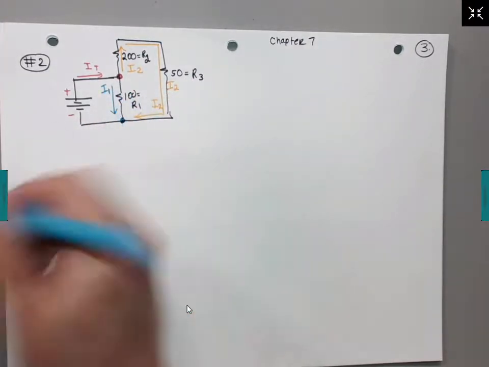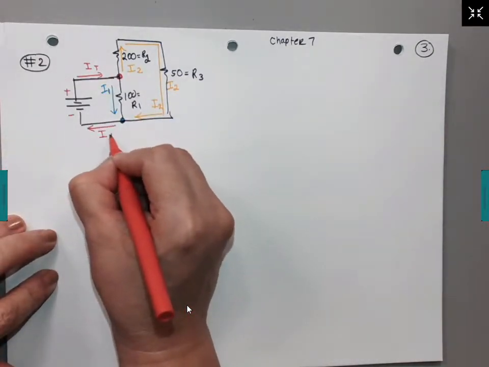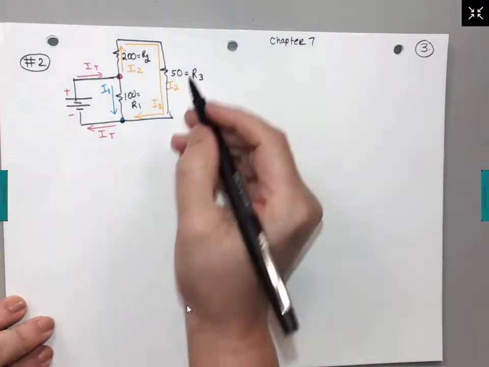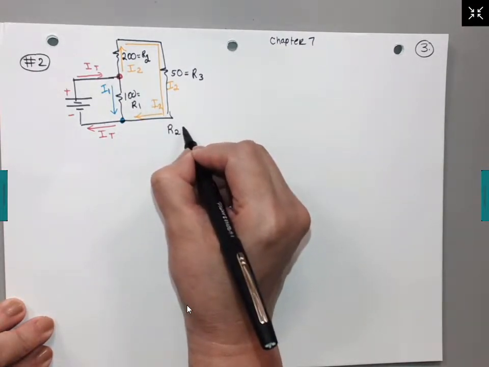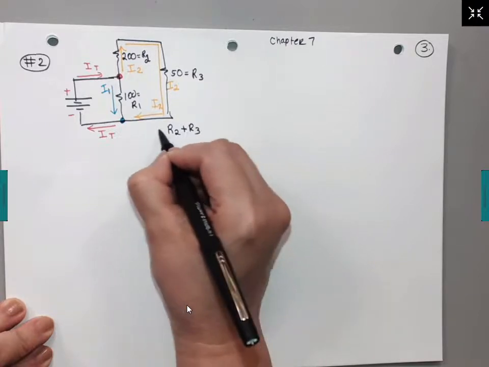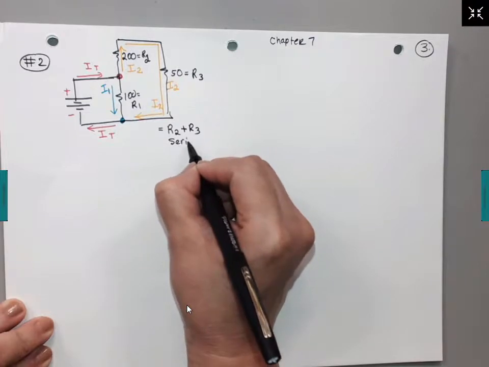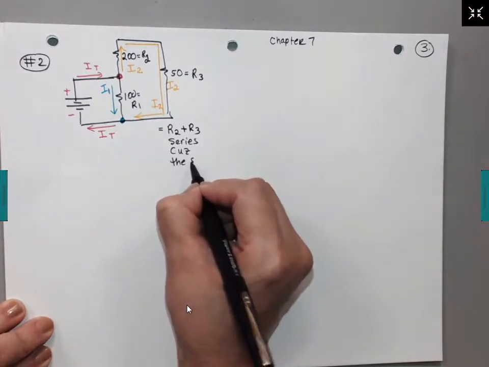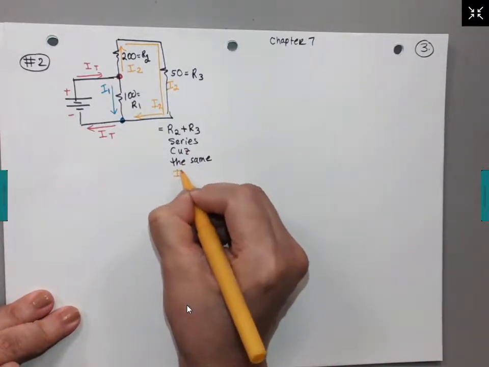And then at this node they combine and it becomes IT. And like Mike said, R2 is added to R3 because they are in series, because they have the same current.